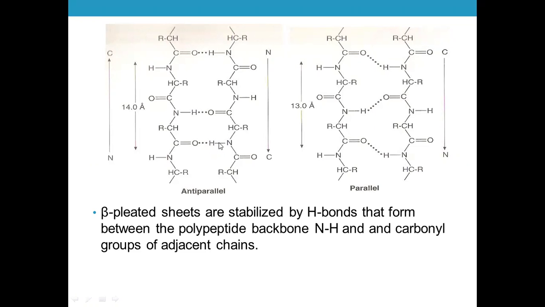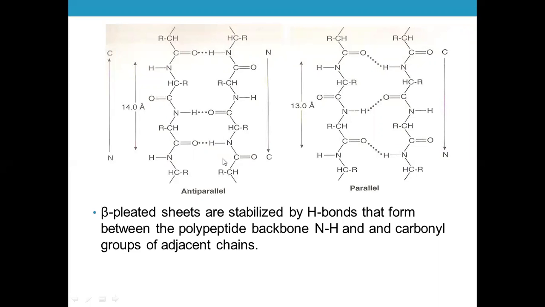So you have a hydrogen connected to nitrogen, an electronegative atom, and this is partially positive, and you have an oxygen, an electronegative atom. So the hydrogen and the electronegative atom actually form a hydrogen bond. So there is a hydrogen bond formation sideways, between the polypeptide sequences.